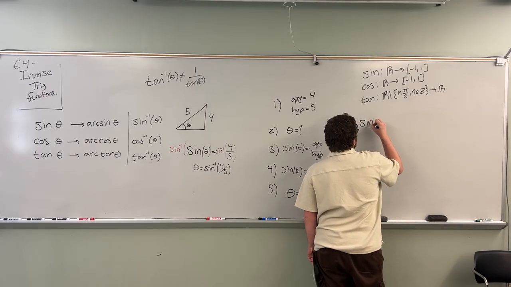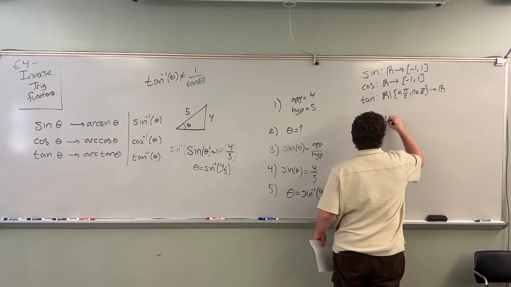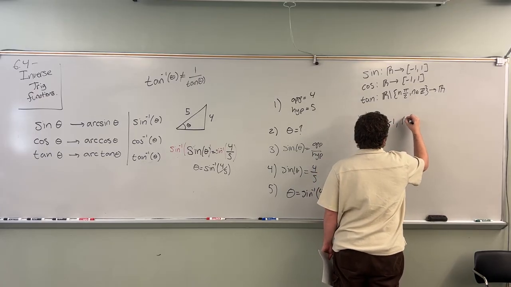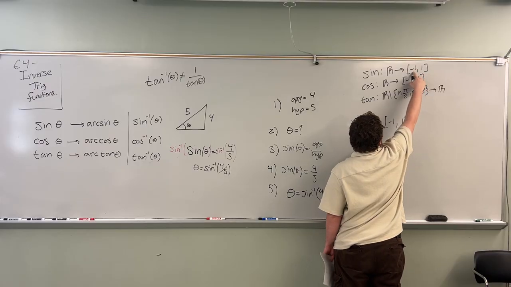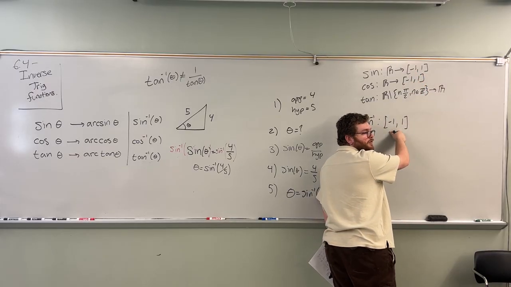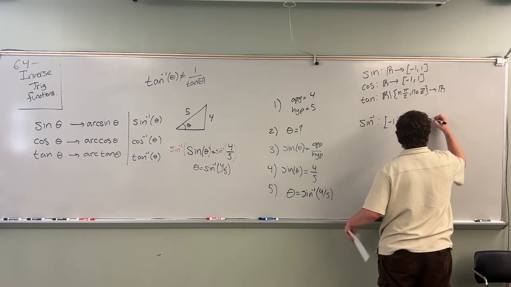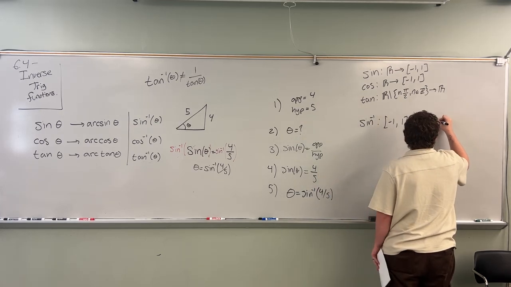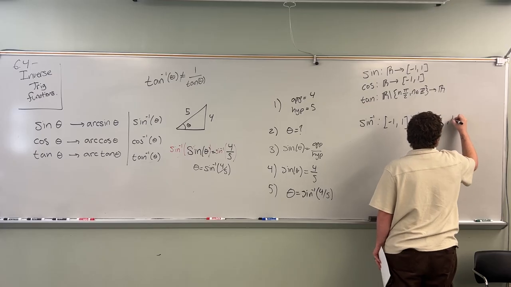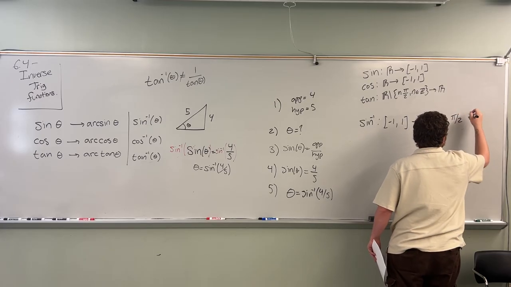So the inverse sine takes as inputs -1 to 1, which makes sense. The output of sine is -1 to 1, so all my values of sine should be -1 to 1 going into inverse sine. And it spits out anything from minus pi over 2 to pi over 2.